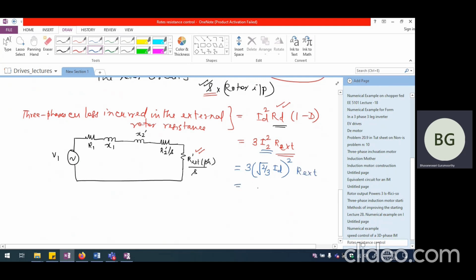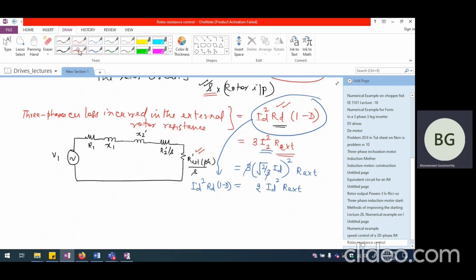So this 3 and this 3 will get cancelled, and we are going to have 2 times ID square R external is going to be ID square multiplied by RD multiplied by 1 minus D. So this I'm just reproducing here, and this is equal to 2 times ID square R external.